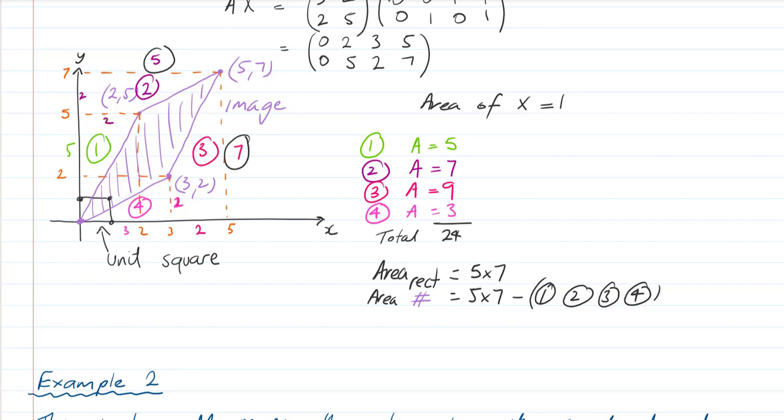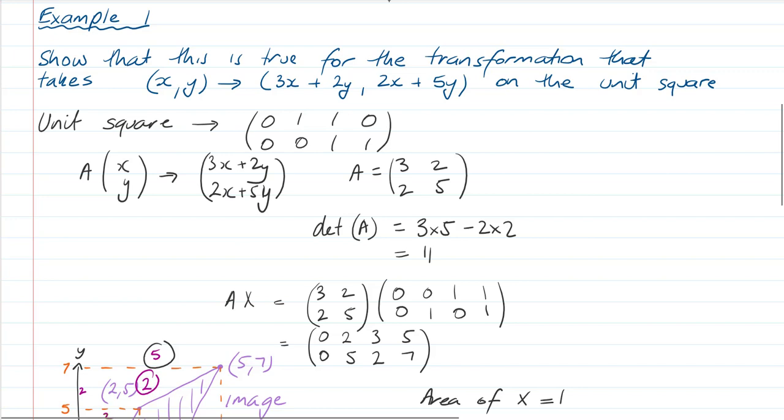So if I subtract 1, 2, 3, and 4, I get 35 minus 5, minus 7, minus 9, minus 3, which is 35 minus 24, which is 11, which is 11 times the area of the original. And there we have it, 11 times based on that rule.